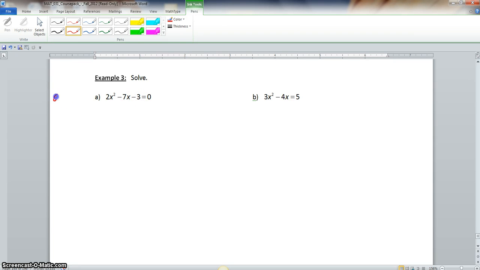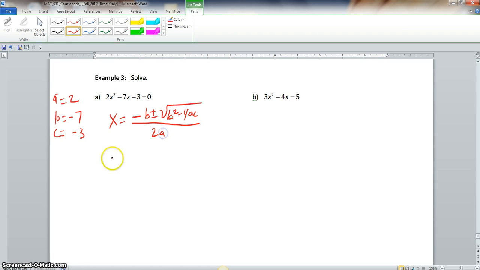So we will list our A, B, and C. Our A here is 2, our B is -7, and our C is -3. So we do the quadratic equation. It'd be -b plus or minus the square root of b squared minus 4ac all over 2a.